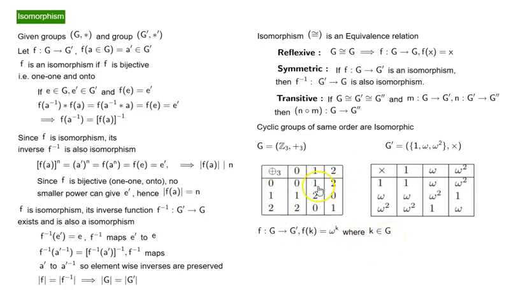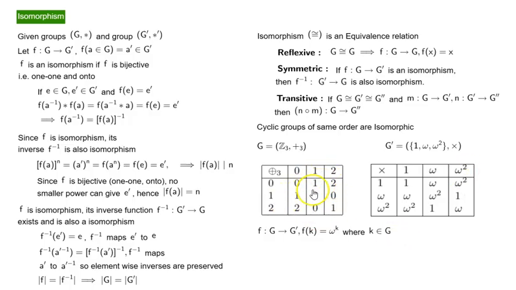So let's very quickly do this. F of 0 in this group will take you where? It will take you to omega to the power of 0, which is 1. So 0 to 1. Similarly, if we take F of 1, we get omega to the power of 1. If we take F of 2, we go to omega square.